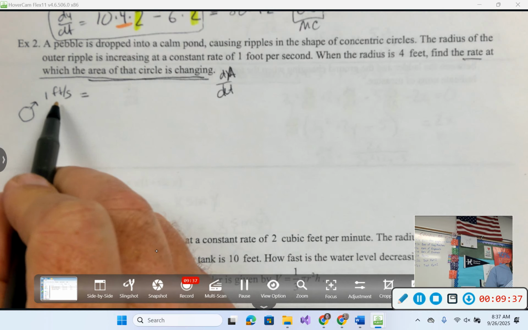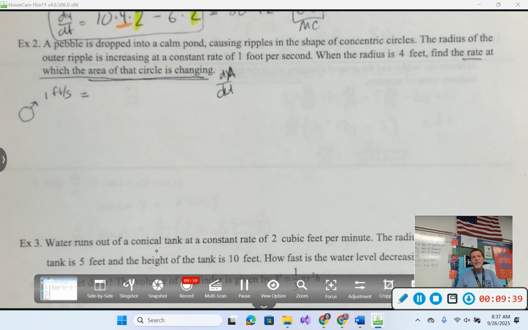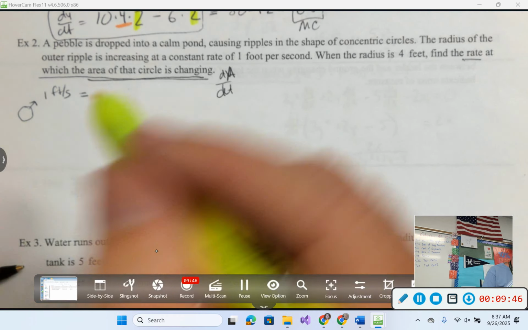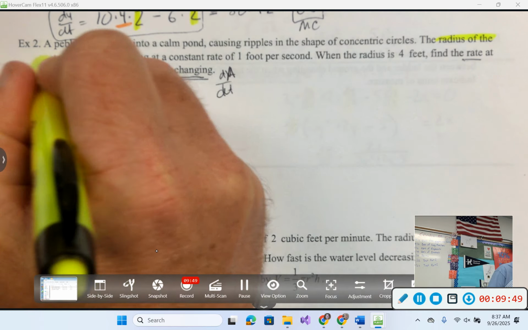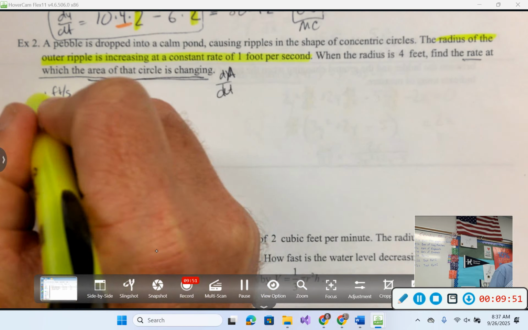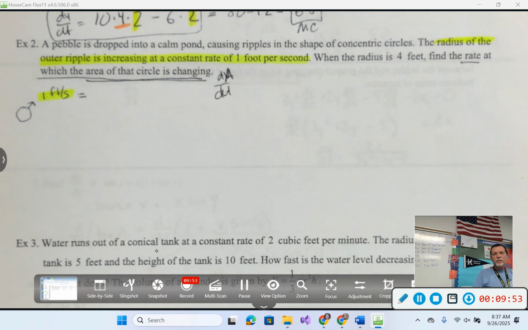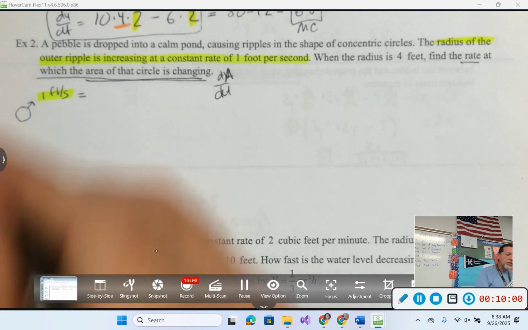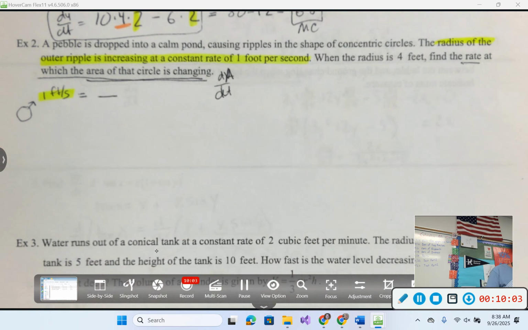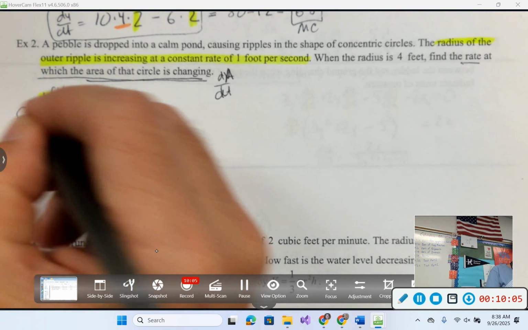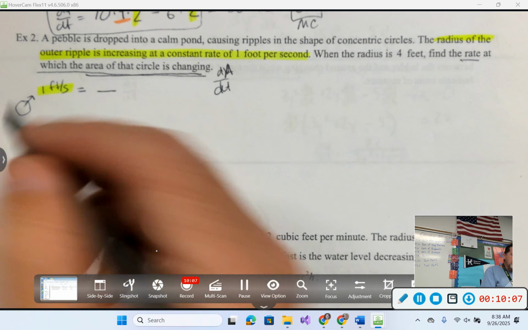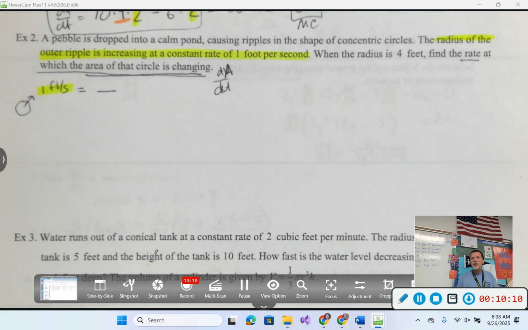In fact, you know what? We should probably label that 1 foot per second. What do we know what that is in terms of variables or derivatives? The radius is increasing at a constant rate of 1 foot per second. So something is 1 foot per second. The derivative of, like, what's changing? Like, what in my problem, what in my picture, what in the real world is changing?